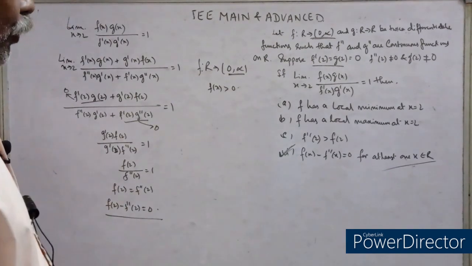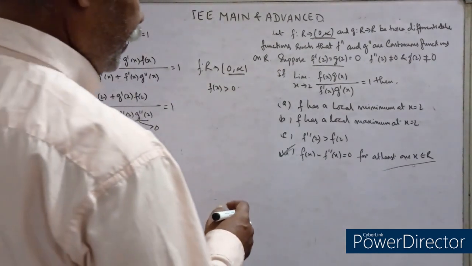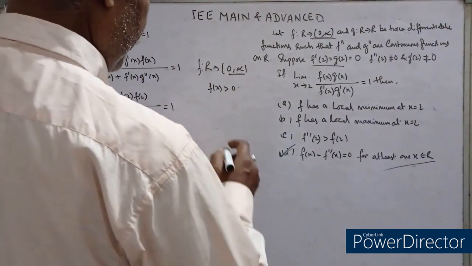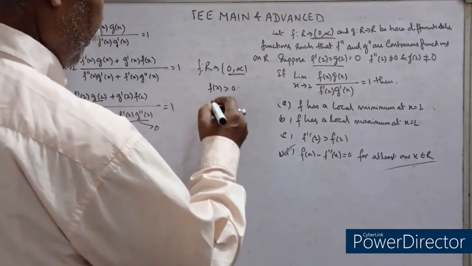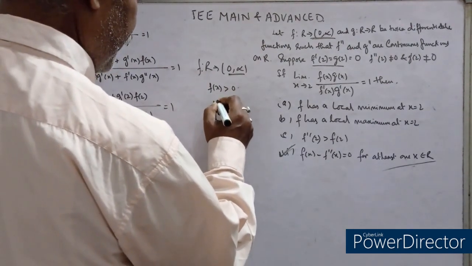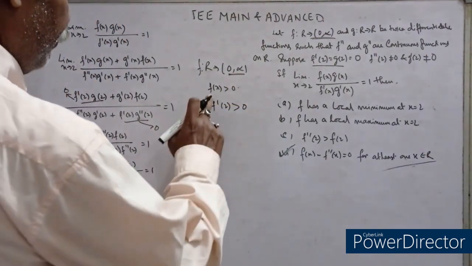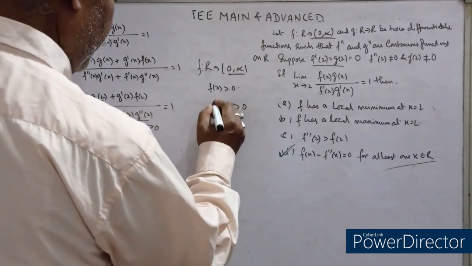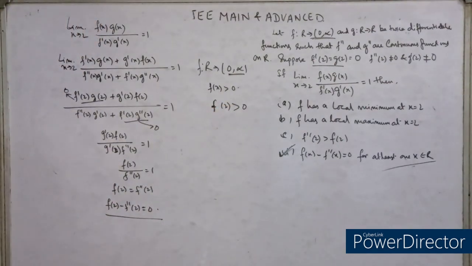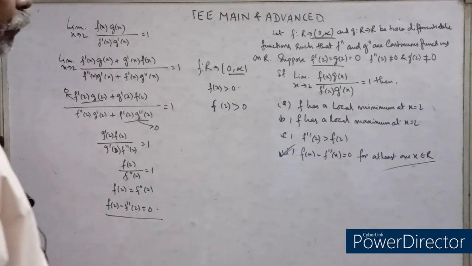It is positive. So that means your f dash 2 is greater than 0, because, sorry, your function f2 is greater than 0.